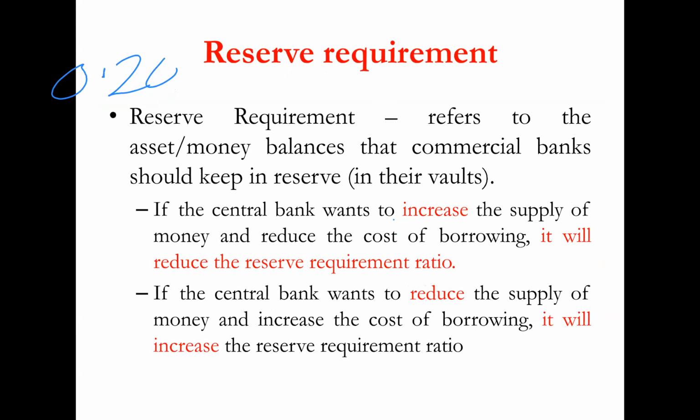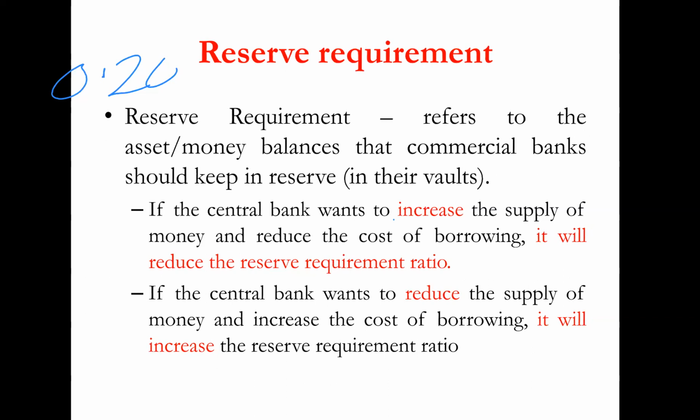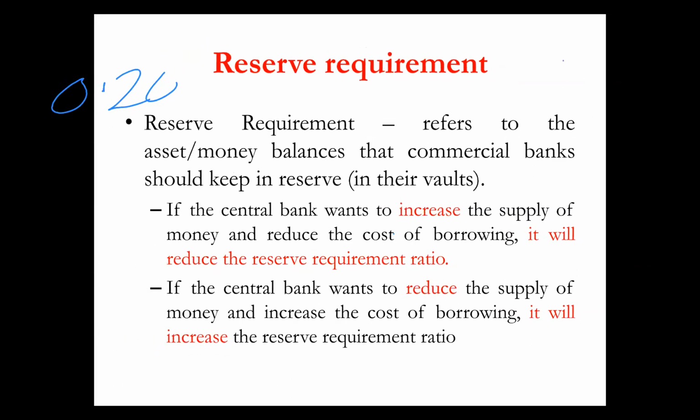Once it becomes smaller, it means only a small amount of money, whenever you deposit, should remain at the bank to meet the demands of withdrawals. The remainder should be given out as what? As loans. So when we reduce the reserve requirement ratio, it means we want more money to be loanable funds going out in circulation.